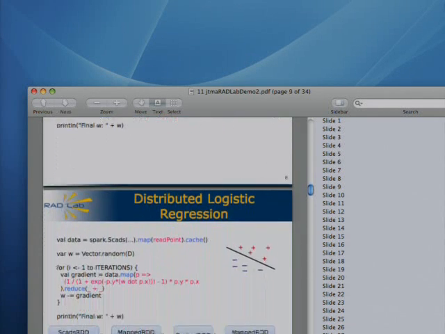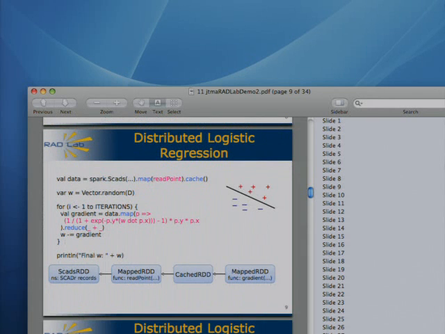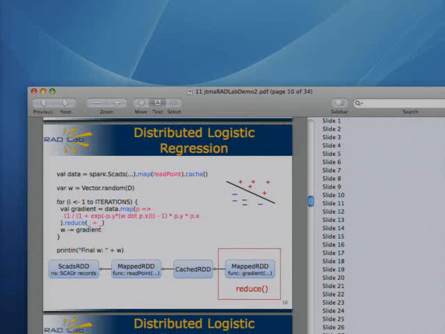What's happening here is that the base data starts off in the SCADS store. We do some initial parsing in the form of a map, and then we cache the data set in memory. From there, we do an iterative procedure where we compute the partial gradient, which is again a map procedure, and then sum the gradients using a reduce.